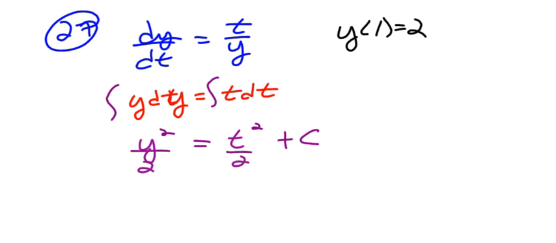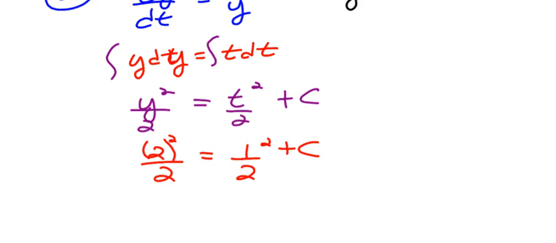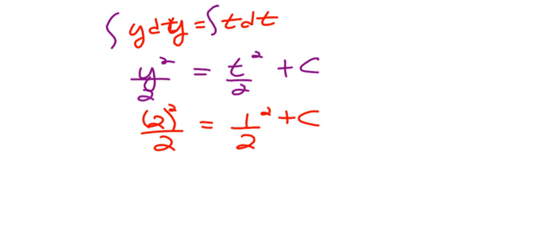So I'm going to plug in 2 for y. I can go ahead and actually speak here. And 1 for t. So I'm plugging in. And I want to go ahead and try to solve this for c. So when I go ahead and solve this for c, I do get c equals 3/2.